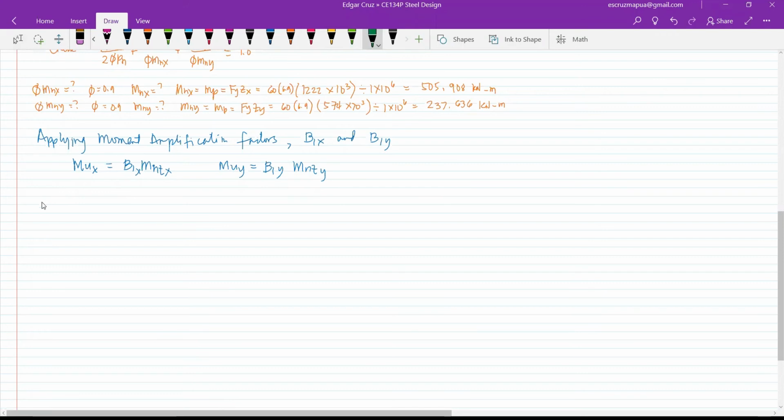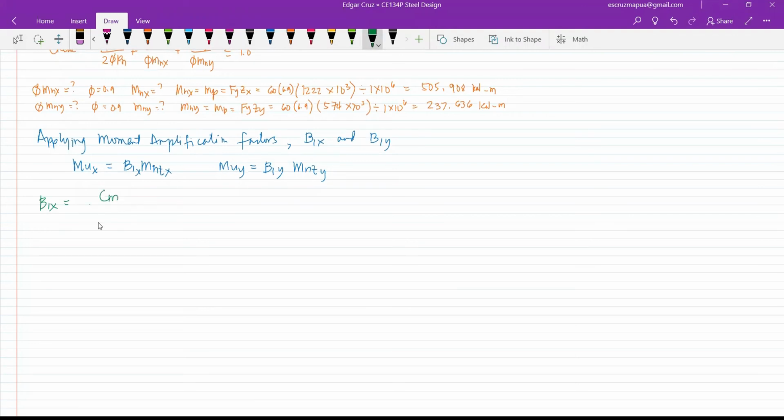Okay, for B1, say X. Diba that is CM divided by 1 minus PU over PE. So kung X yan, so CMX yan, tas PX din yan. Okay. Yung CM natin, it was given in the problem, diba?